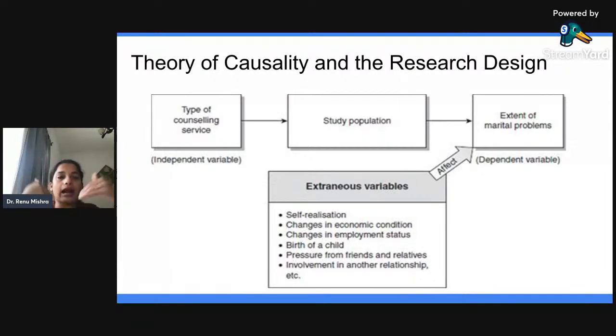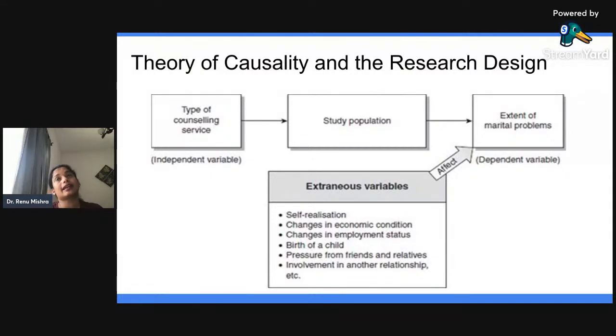which are there in research, which a researcher can't control at times, but there are methods also by which you can control. But for example, which a researcher is actually not studying. I'll take you back to the crop and fertilizer example.